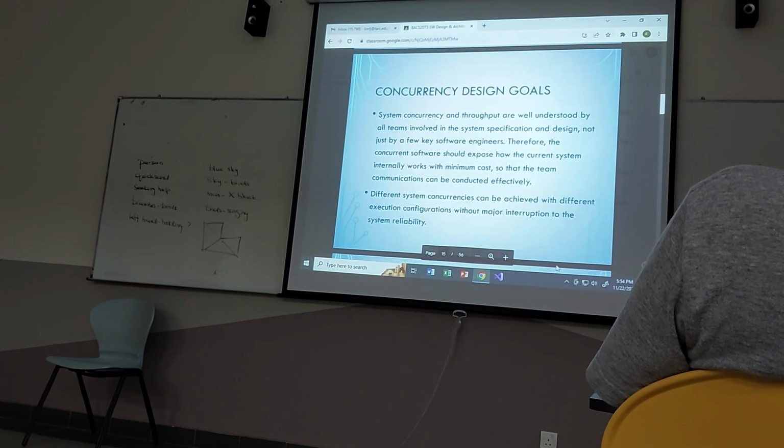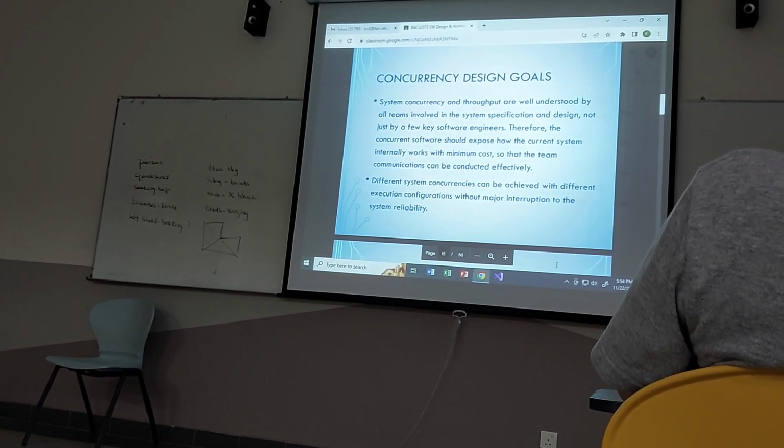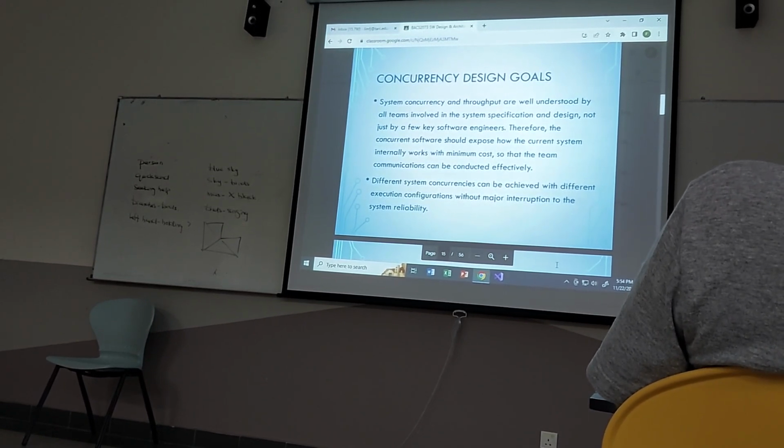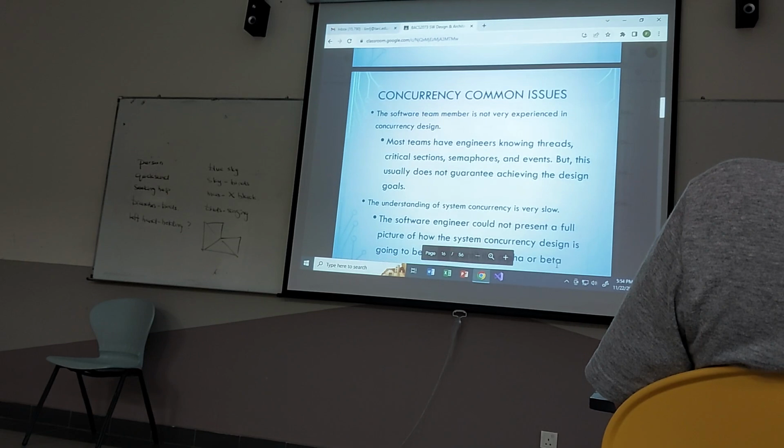And continue: the concurrency and throughput are well understood by all the developers. Different system concurrency can be achieved by different execution configurations, without serious interruption to each other and to the system reliability.